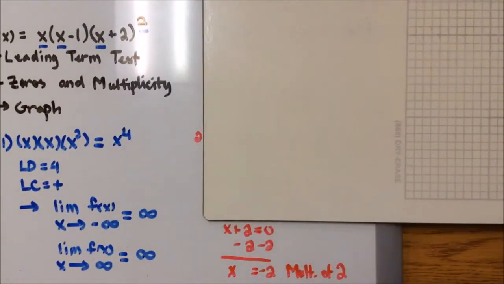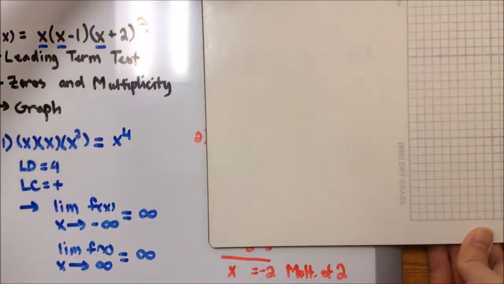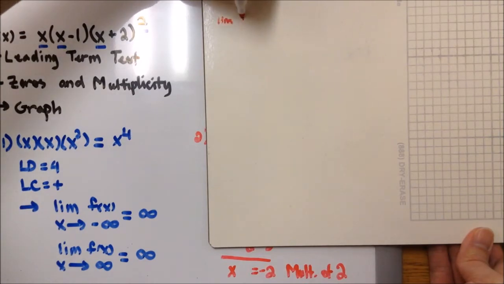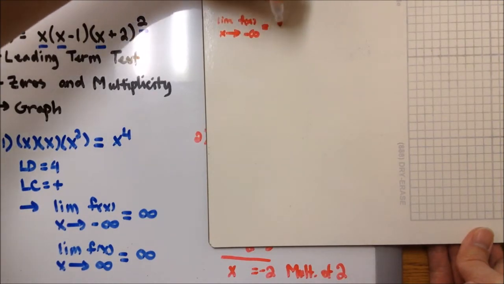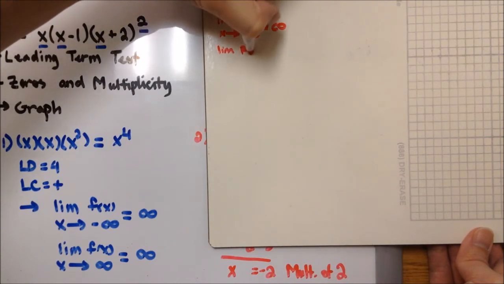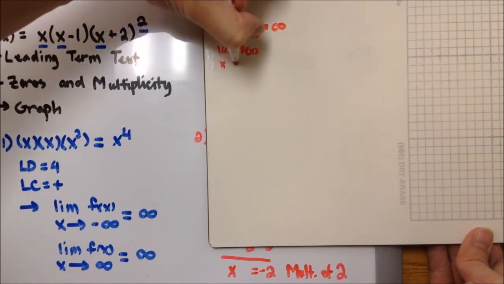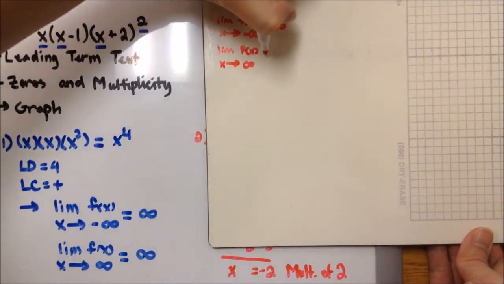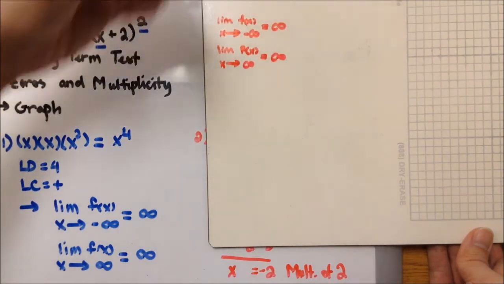So let's see. So the limit of f of x going on the left side is infinity, and then the limit of f of x on the right side also equals infinity.